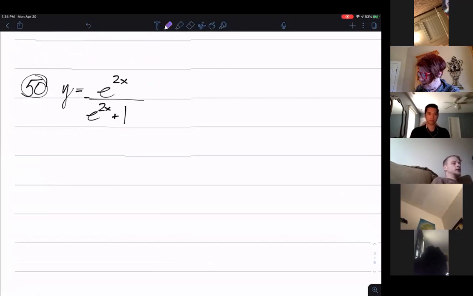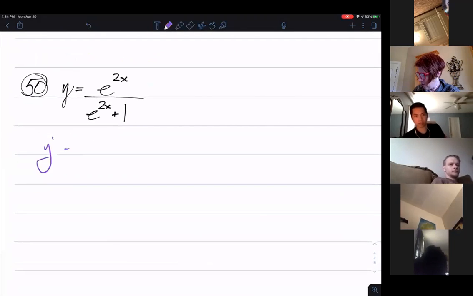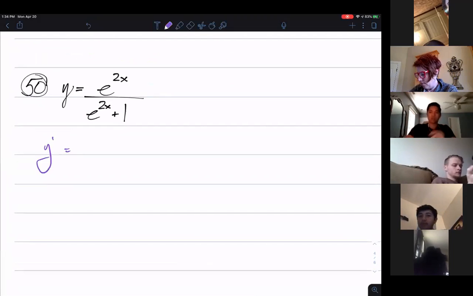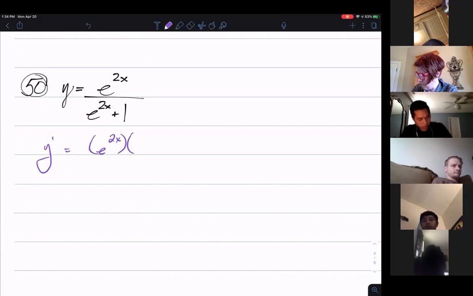All right, so we've got y prime is equal to, so remind me, what does the quotient rule tell me to do? Derivative of the top. Yep, okay, so what is the derivative of the top? It would be e^(2x) times 2, right? Okay, so there's the derivative of the top times the bottom.